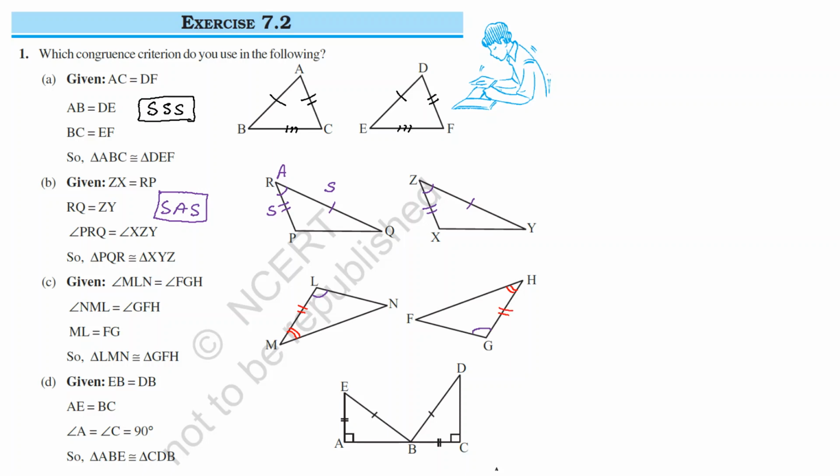So now what we have is one angle, then side, and then angle. So we have two angles and the included side of triangle LMN equal to the corresponding two angles and the included side of triangle GFH. So hence they are congruent by using ASA congruence criteria.